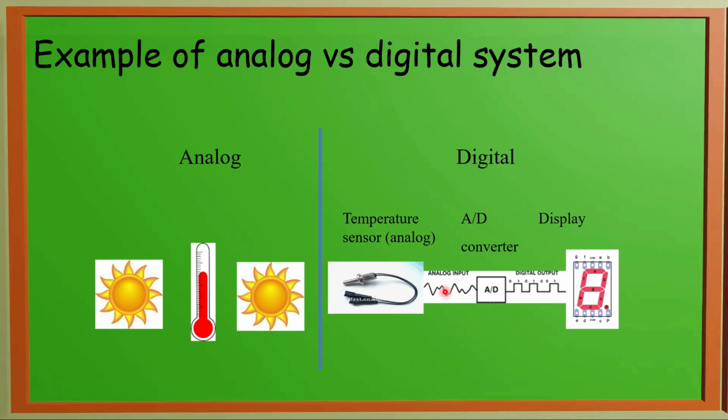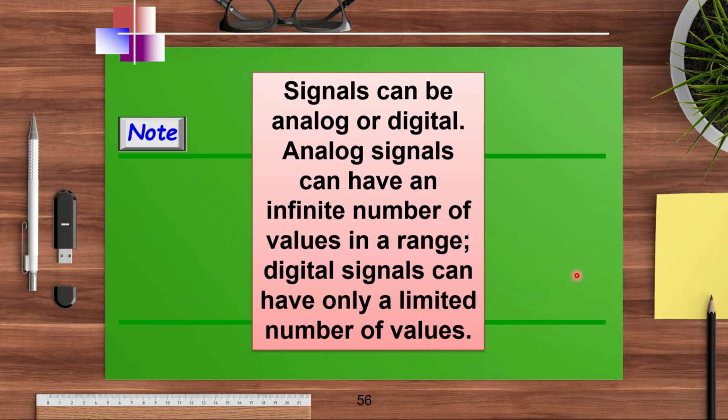That will be analog input. It will be given to an analog to digital converter. The digital output will have values between zeros and ones, and on display we can get the values on screen in terms of numbers. So signals can be analog or digital. Analog signals can have an infinite number of values in a range, and digital signals can have only a limited number of values.